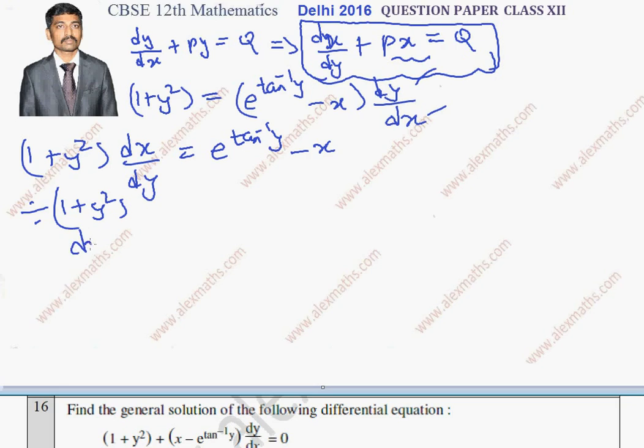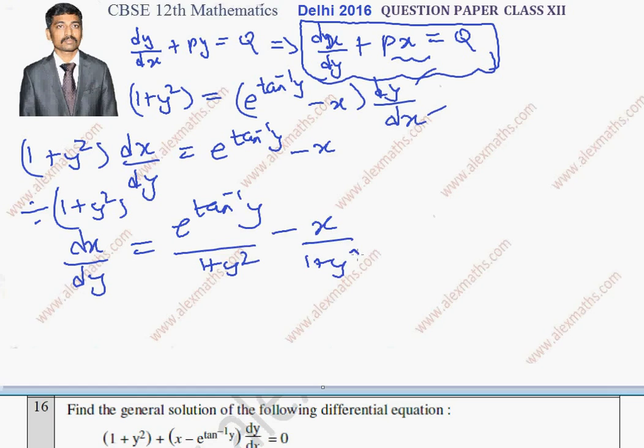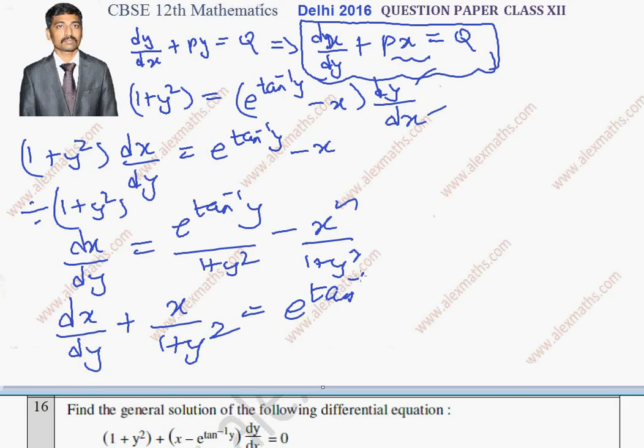So the term is dx by dy equal to e power tan inverse y minus x. I will divide individually, so that in next step I am going to carry this term to the other side. Then I got the general form dx by dy plus x by 1 plus y square equal to e power tan inverse y by 1 plus y square.